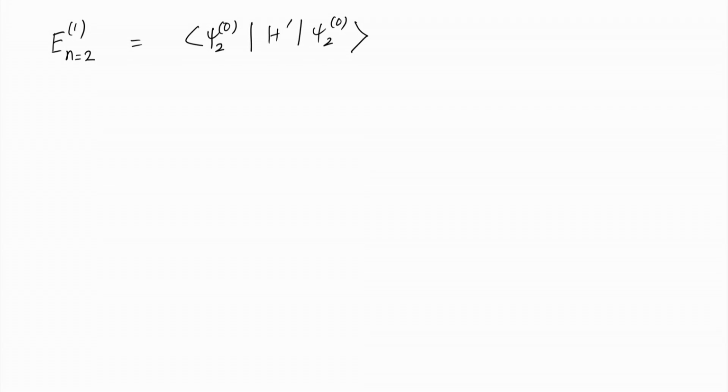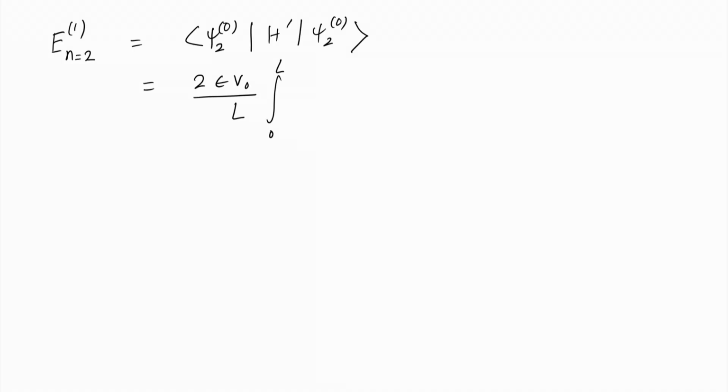So, this is nothing but 2 epsilon V naught divided by L, and because the particle extends between 0 to L, the integration will be from 0 to L. In principle it is from minus infinity to plus infinity, but we know that for all regions excepting 0 to L, the wave function is identically equal to 0.